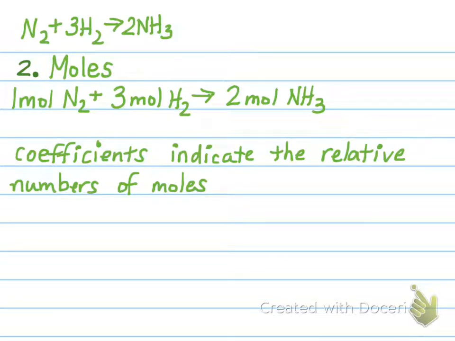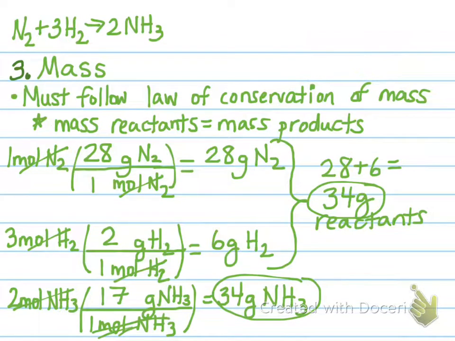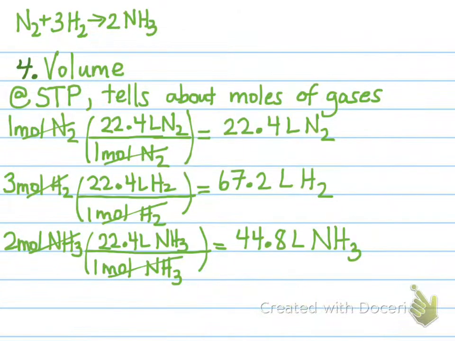We get moles using our coefficients. We get mass. To interpret an equation in terms of mass, we have to use molar masses and do some math. And we get volume. And again, to interpret our equation in terms of volume, we have to assume we're at standard temperature and pressure, and we have to use our molar volume and do some math. So this is the information we can get from these balanced chemical equations.